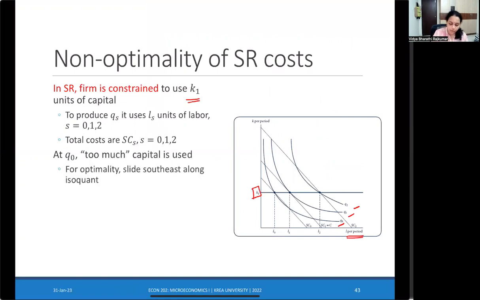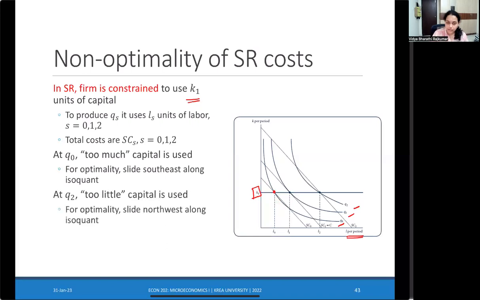Well, to produce an output of Q0, we're at this particular point that I've highlighted here. And clearly that point is not one of tangency between our budget line and the isoquant. If in fact we were to have tangency, we should probably move in the southeastern direction, and the tangency will probably be achieved somewhere over there. So to optimize, we need more labor and less capital at that point. So production is happening at a non-optimal point in the short run.